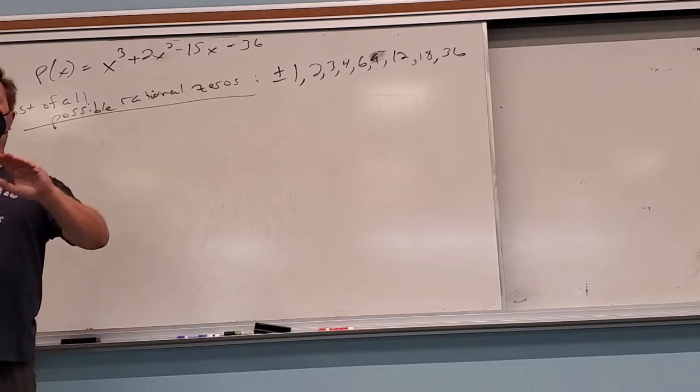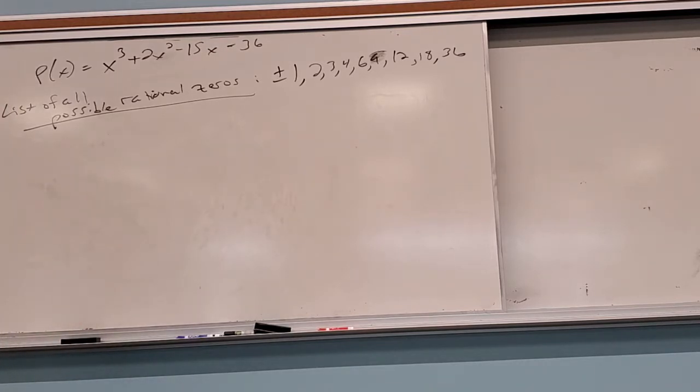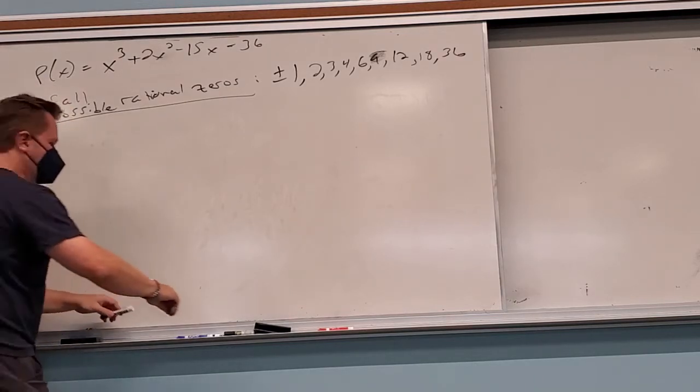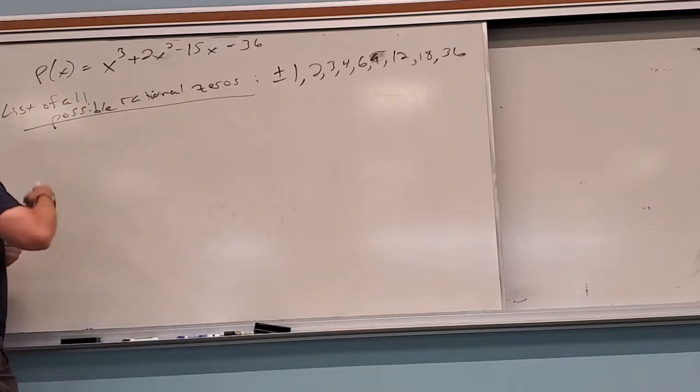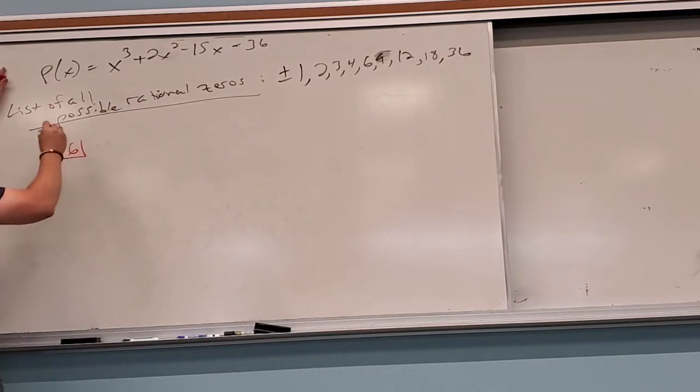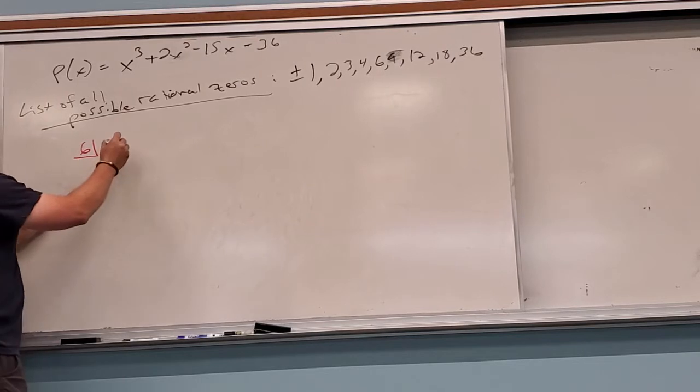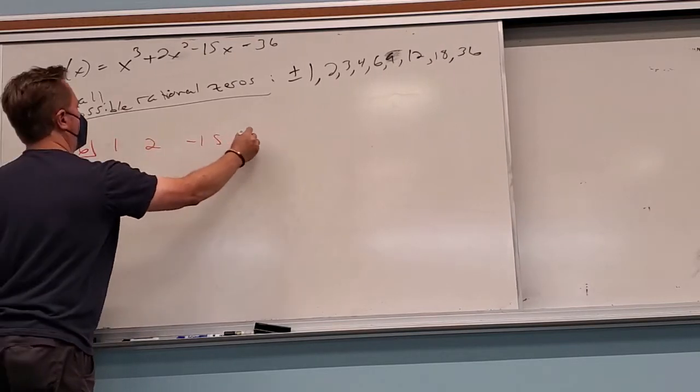So, one of the very first things I like to show you, I don't think the book even talks about this, and it's the one that's more useful, which is kind of funny. Let's try to synthetically, I'm not even sure if this is going to work the way I want it to, but let's find out. Let's synthetically divide this by 6. So 1, 2, negative 15, negative 36.